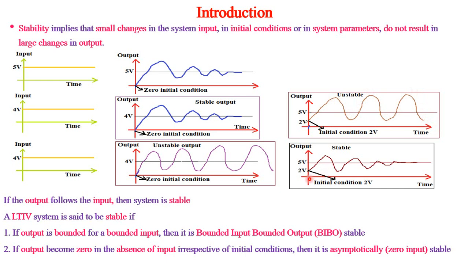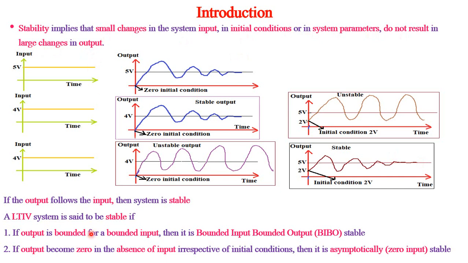Suppose the system starts with some initial condition, say 2 volt, but later settles down to the input value, the same 5 volt, then also we can say that the system is stable. Therefore small changes in input, initial conditions, even system parameters should not result in large changes in the output.